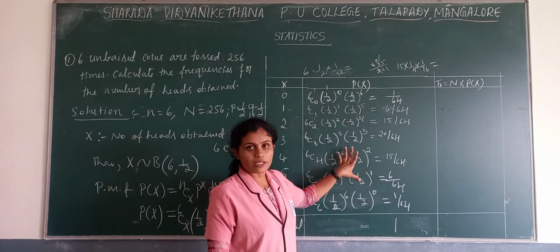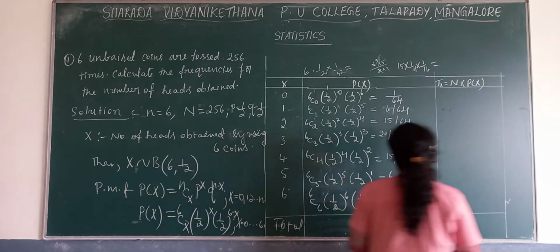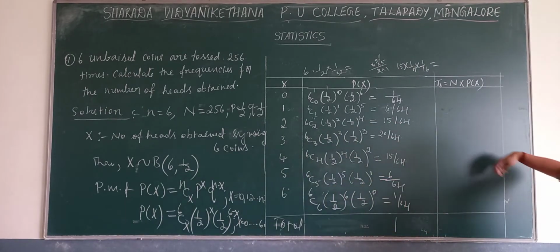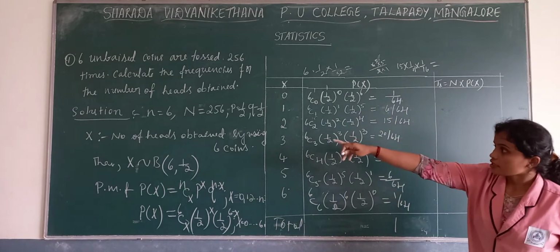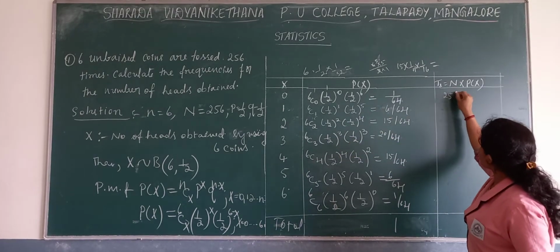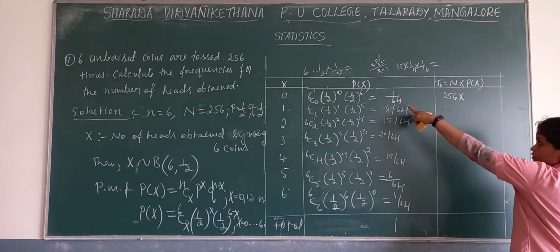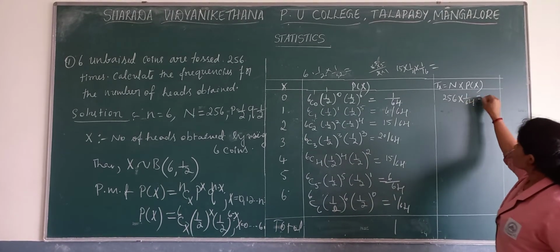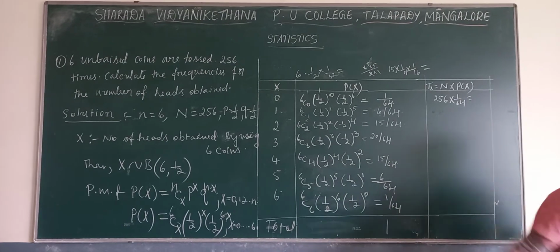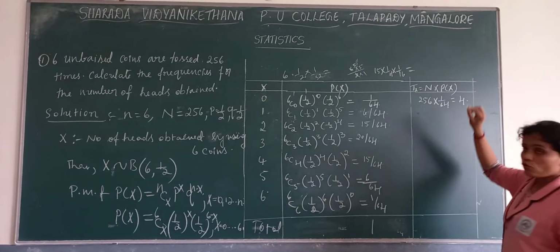So our probability is proper. Now find out the expected frequencies. The expected frequency is N, the capital N, 256 into P(x). For probability 1/64, when we multiply this, we get 4.